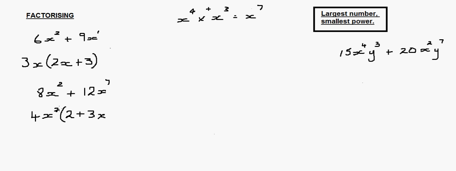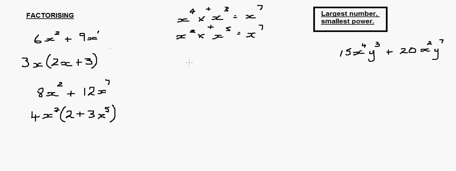What do I need to add to 2 to get 7? That would be 5, because x squared multiplied by x to the power of 5 gives x to the 2 plus 5, which is 7. So now I can close the bracket. All we're doing is 7 take away 2 to give me the power that I need.